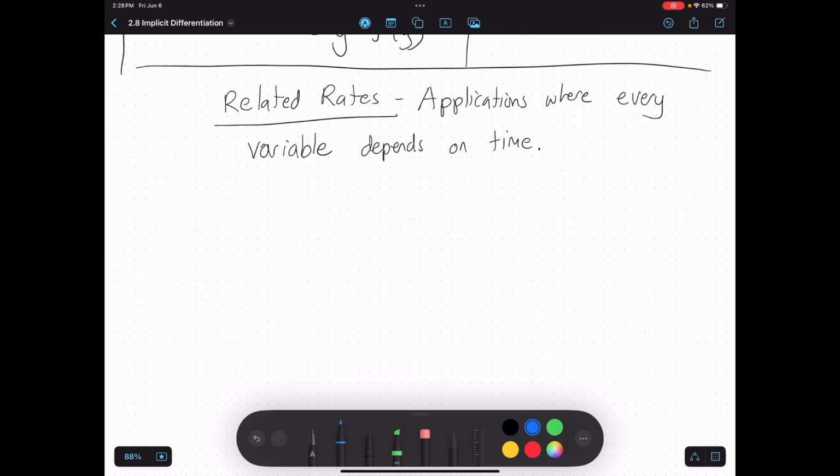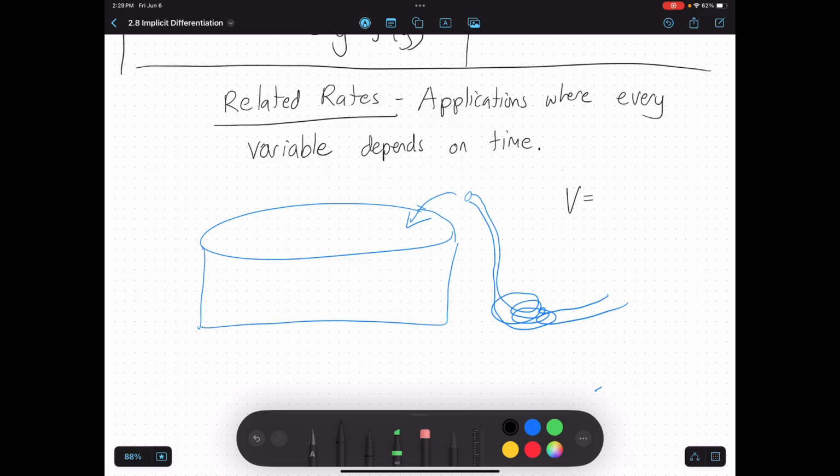An example of this is, say you have a pool that you're filling with water. I can measure the volume of the pool using the formula for the volume of a cylinder, but if I'm slowly filling it up with water, that means these variables are changing as time passes. The volume of water in the pool is changing as time passes. The height of the water in the pool is changing as time passes.